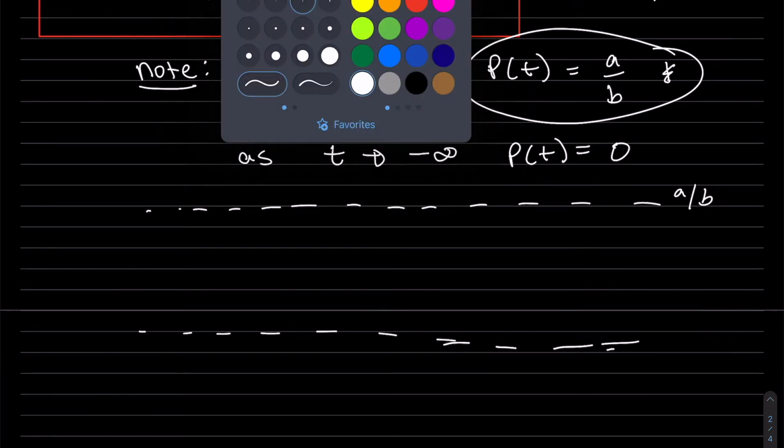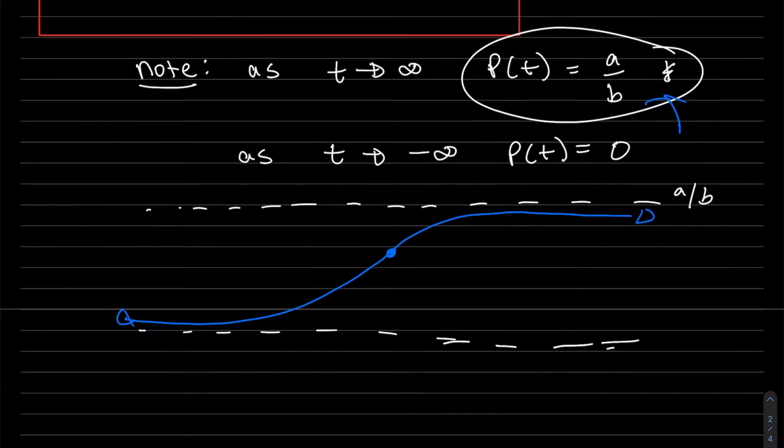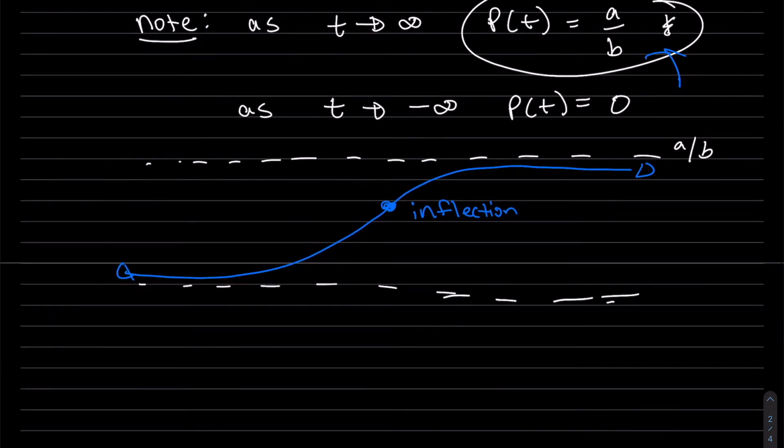So our graph basically runs along a over b as it goes to infinity, and it goes to 0 somewhere along here. And somewhere there's an inflection point. Let me do it prettier. It runs along a over b, goes to 0. There is an inflection point somewhere.